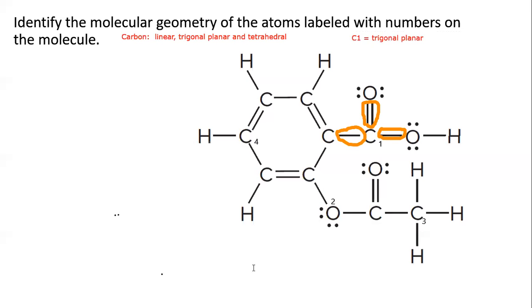Next, I'll come back to the oxygen. I want to do all the carbon first. If we go to C3, C3 has 1, 2, 3, 4 electron pairs. So C3 is tetrahedral molecular geometry.